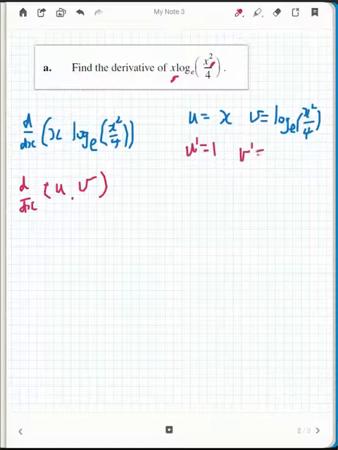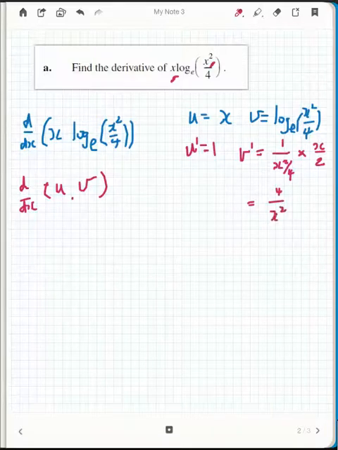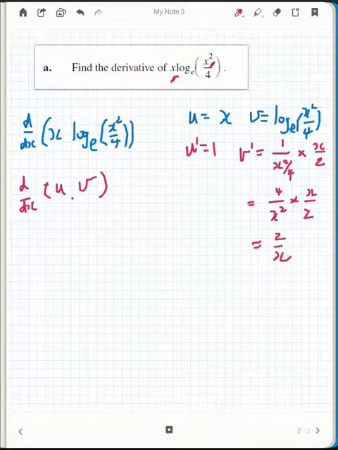So v dash is going to be the derivative of a logarithm, which is 1 over whatever is in here, so that's 4 on x squared times the derivative of the inside, which will be 2x to the power of 1 divided by 4, which is x divided by 2. And that's going to be 4 on x squared times x on 2, which gives you 2 on x.